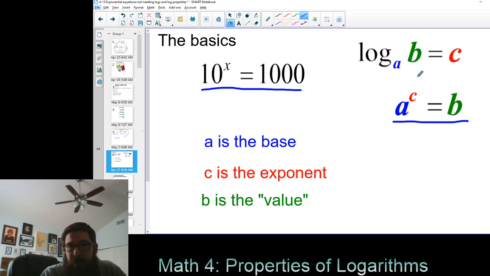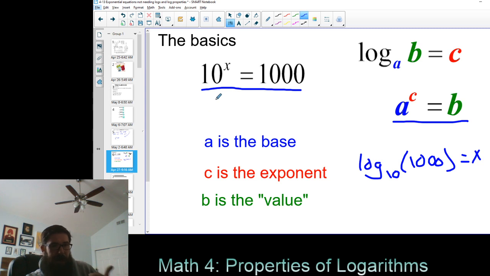To rewrite this as a logarithm, it would end up looking like log of this base, in both cases the same. I will say log base 10 of, and then in parentheses, this b value, the value that I actually have, the whole thing that it's worth, equals x.